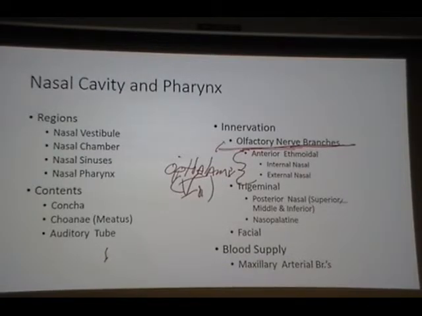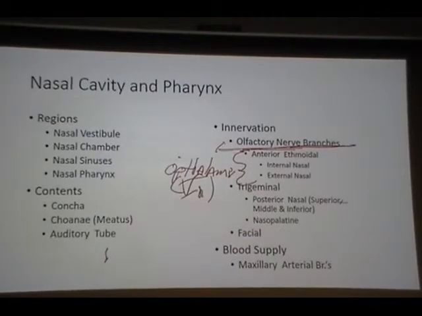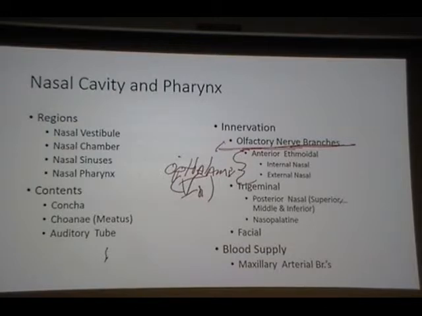The trigeminal gives off the nasociliary branch, which gives off this anterior ethmoidal nerve, which gives off innervation to this nasal vestibule.